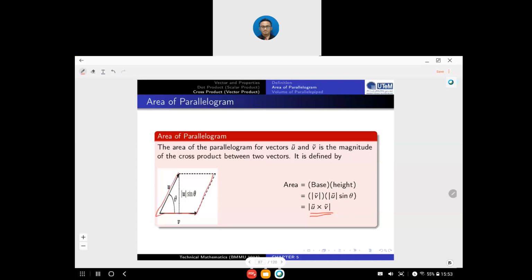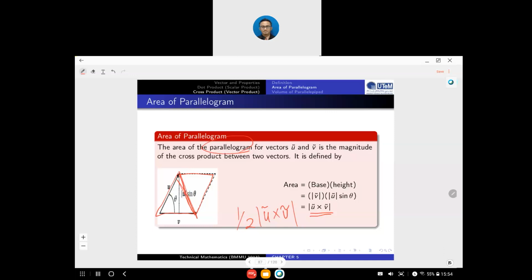Okay, sometimes they will ask for the area of a triangle. Triangle means half of the parallelogram. So when they ask you to find the area of a triangle, you must do 1/2 the magnitude of vector U times the magnitude of vector V, because a triangle is half of the parallelogram. Sometimes the question tries to confuse you a bit by asking for the area of a triangle. If it is the area of a triangle, it means half of the parallelogram.